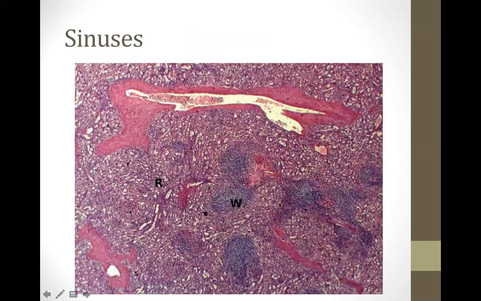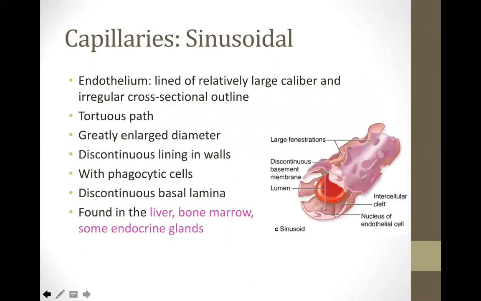So this is the spleen. Next week, our topic will be lymphatic system. So this is the white pulp and this is the red pulp. In the red pulp, you will be seeing these sinuses. Okay? Not sinusoid. Okay? Correct me. Sinusoids are found at the liver, bone marrow, yan, and some endocrine glands.